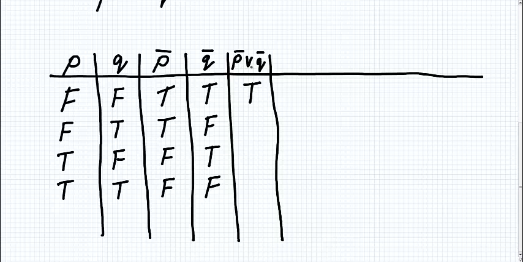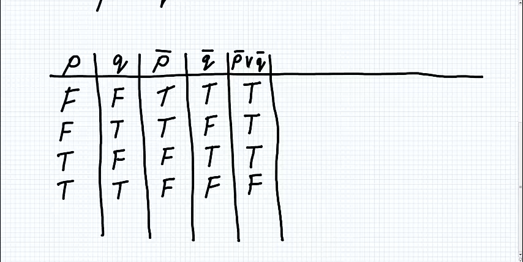So not P or not Q, we will again have true here. So recall, for the OR operator, as long as one of the values we're operating on is true, the result will be true. So likewise, in the third row here, we have false or true is going to be true. And finally, we have false or false, and that's going to be false.